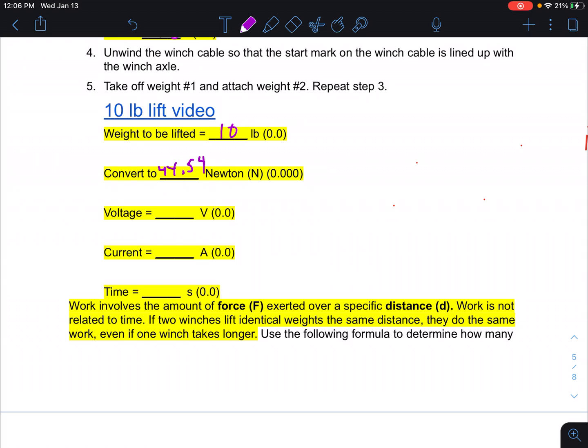The voltage taken off of that data table was 7.5. The current, again, taken off of that data table is 0.31. And then the time for this was 6 seconds.